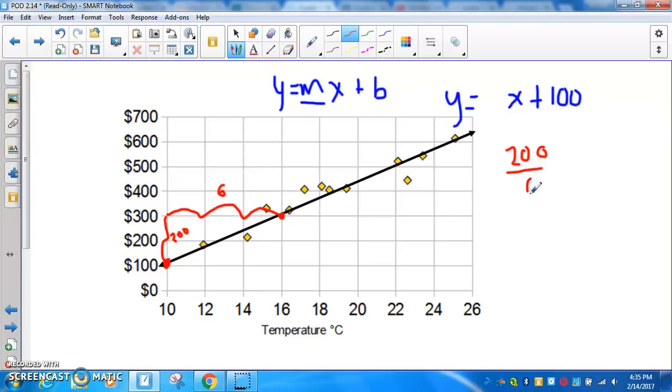You could halve those and end up getting 100 over 3. And from there, you could say this is about 33.3, or you could leave it as 100 over 3. Either way, this is the slope.